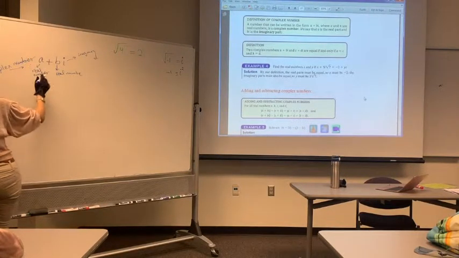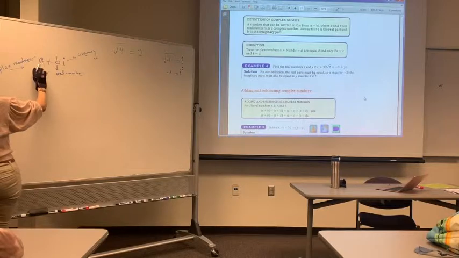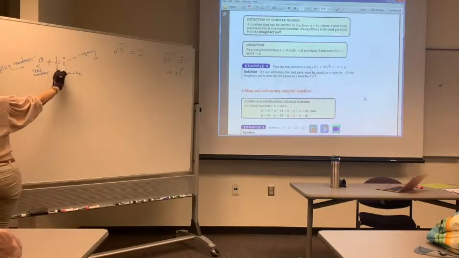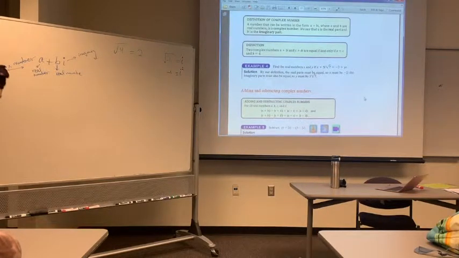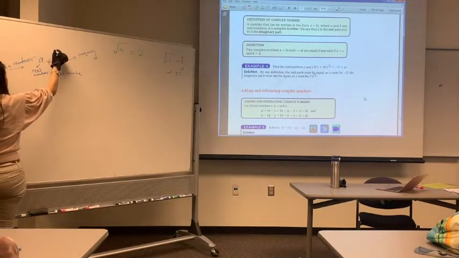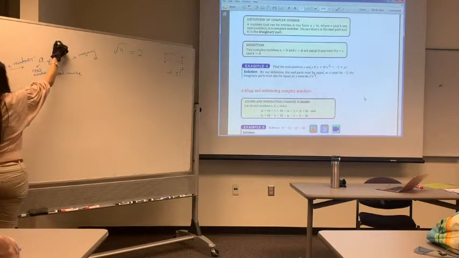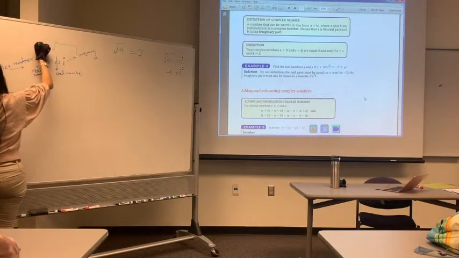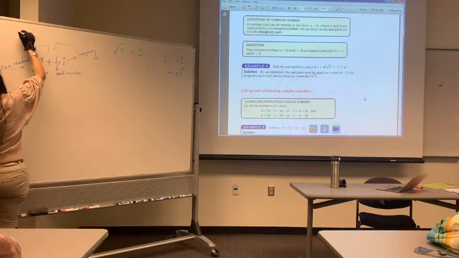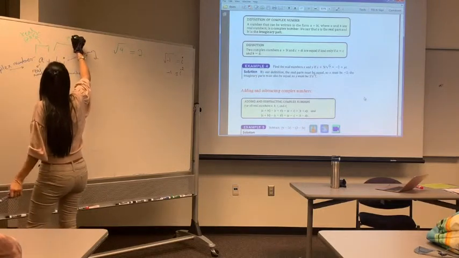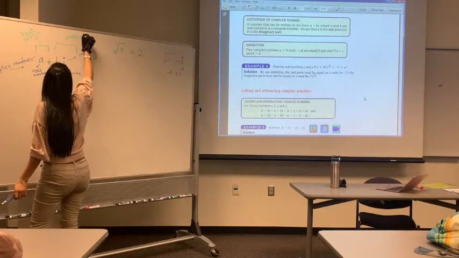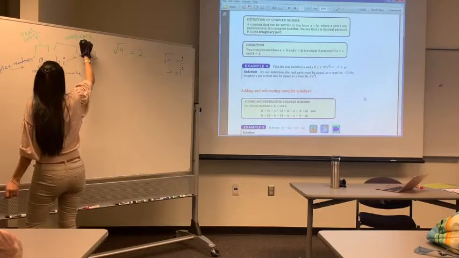So a complex number is a combination of real numbers plus or minus a real number multiplied to the imaginary number. This part is the real part, and this part is the imaginary part.